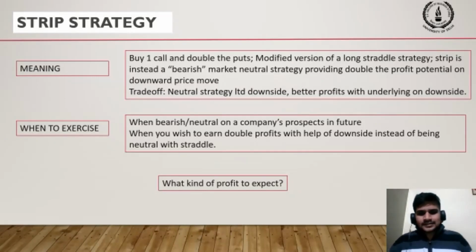So when to exercise? When you are a bit bearish on the stock, जब आपको लगे कि stock का price नीचे जा सकता है and you have to earn more profits, and क्योंकि इसमें रिस्क ज़्यादा होगा, of course, because you are using two put options, आपका प्रीमियम ज़्यादा जाएगा, तो आपको थोड़ा ज़्यादा भरोसा है कि स्टॉक नीचे जाएगा and आपको इसको cash in करना है, आपको ज़्यादा प्रॉफिट्स कमाने हैं, then you will go for the strip strategy. Because sometimes some investors do not buy the stock directly, although they think that the price would go down, but still they want to negate the risk.